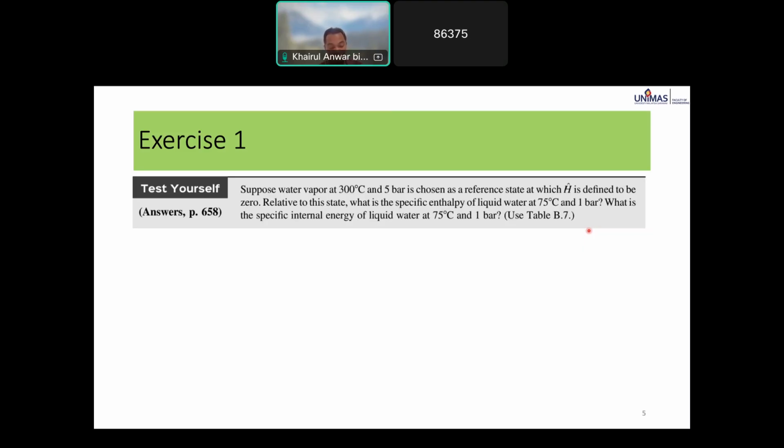If you choose to use the table, then you have the value here: 313.9 minus 0.803 gives 2489.1.